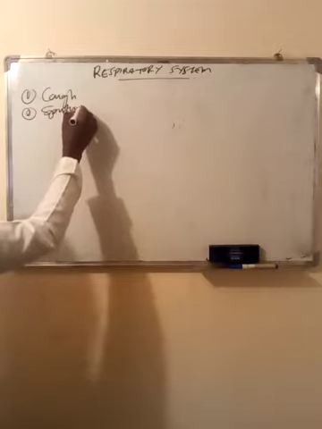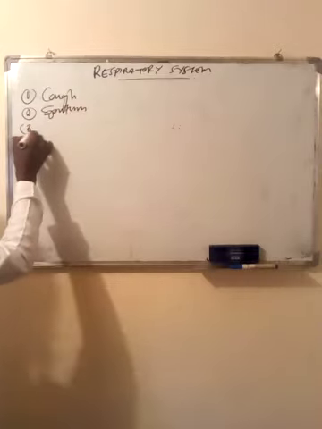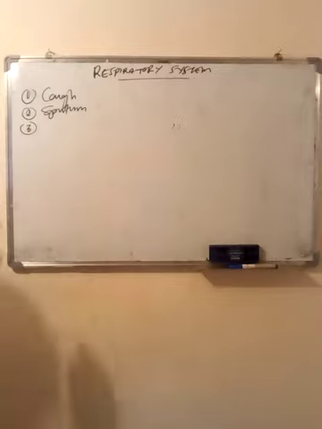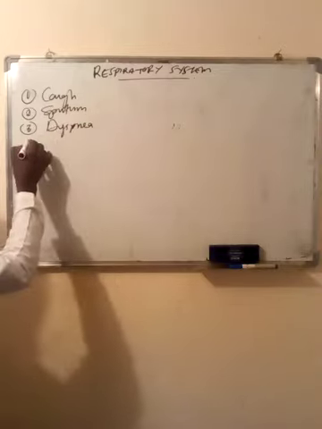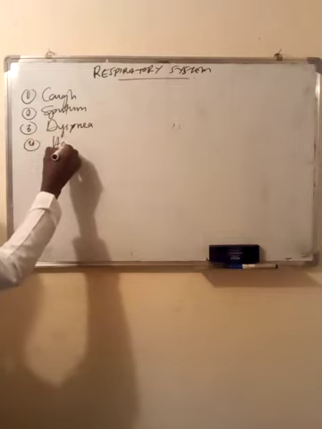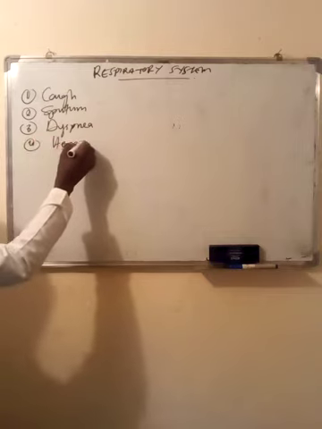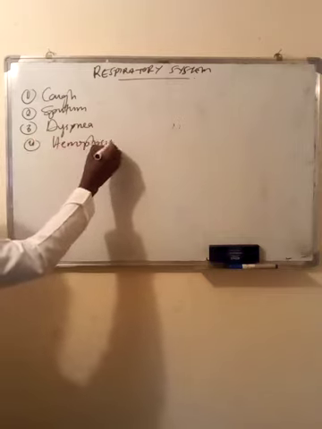Then three, dyspnea. Then four, hemoptysis. Five, chest pain.